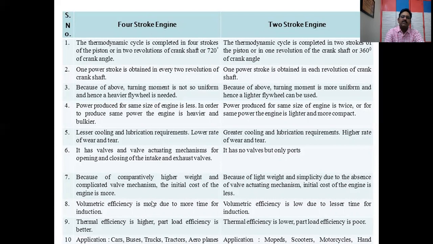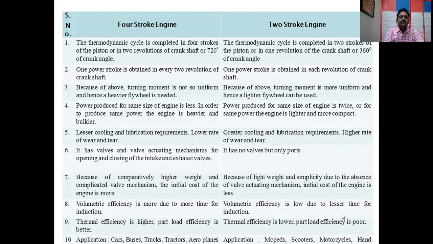The volumetric efficiency is more because it will have sufficient time to draw in the charge. But the volumetric efficiency is less here because of the lesser time. At the same time, during suction and inlet, the fresh charge will be admitted.